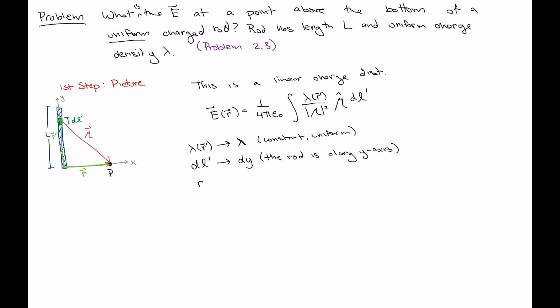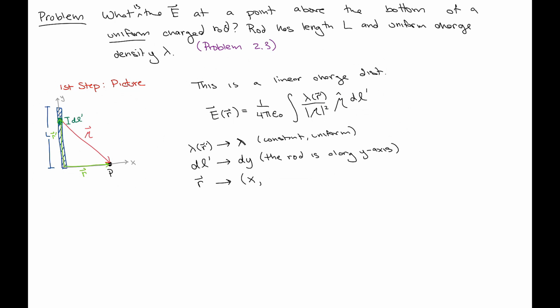R, that's the position where I'm trying to calculate the electric field. For my problem, it doesn't tell me exactly where P is, but I know that P is along the x direction, and I'm going to end up with an answer that tells me what the electric field is anywhere along that x-axis.